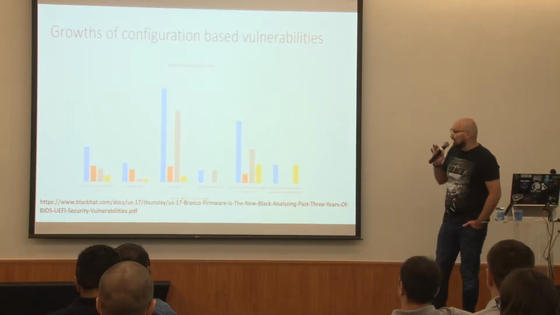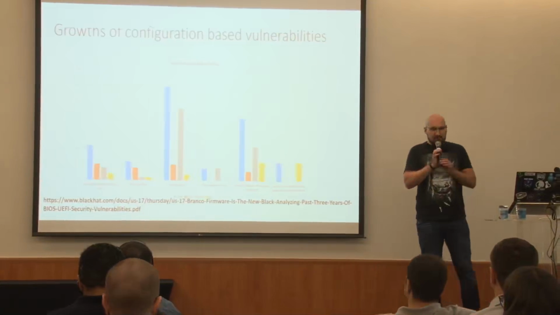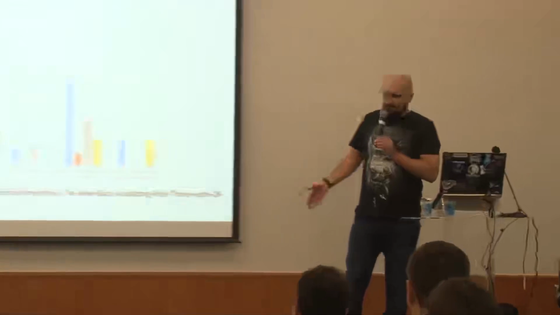We can see the growth of configuration-based vulnerabilities, which means the platform is not configured properly and has vulnerabilities by default in its hardware or BIOS configuration, which is very useful for an attacker. And today we will discuss some of the vendors that have a lot of problems with their hardware.